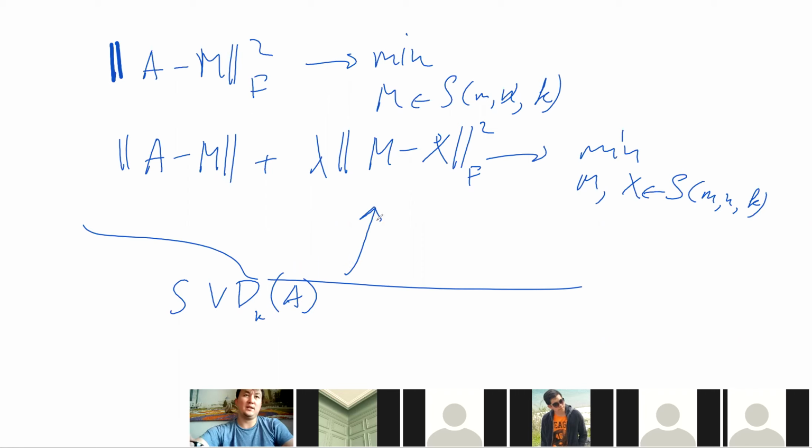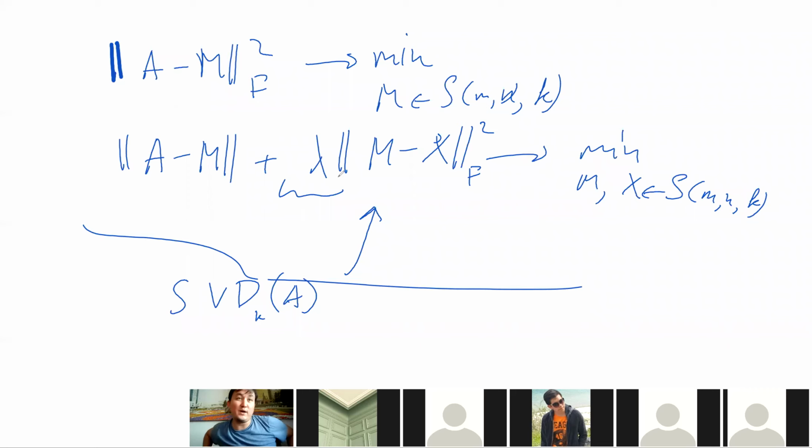And even more, one can prove that for any lambda this solution is present. And you can always converge to that solution with high probability. You can just start from a random initialization, and with high probability you will converge to that. So of course, the alternating scheme solves this standard problem.